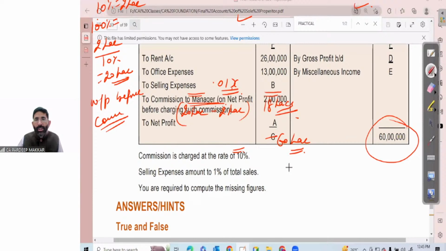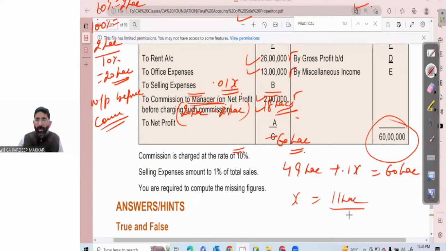You may see 26 lakh plus 13 lakh, 39 lakh plus 20 lakh, 40 lakhs plus 0.1 X is equal to 60 lakhs. Get the total of this 26, 13, 2 lakh plus 18 lakh. So X is equal to 11 lakh divided by 0.01. Should we get the solution? Get the answer?